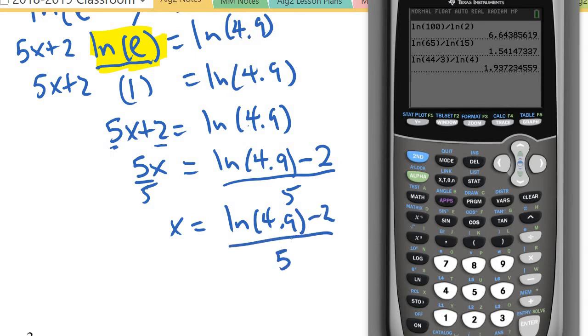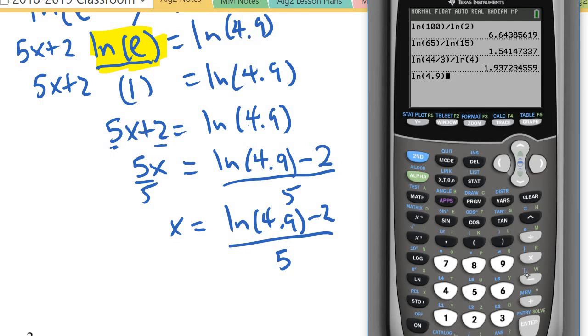So now we're going to turn on our calculator one more time and then we're going to do ln of 4.9. Watch how I'm going to do it. There are several ways to do this, but the safe way, in which I'm going to do something contrary to the order of operations, is to do one at a time. I'm going to do ln of 4.9, and then it's the minus 2. That's okay.